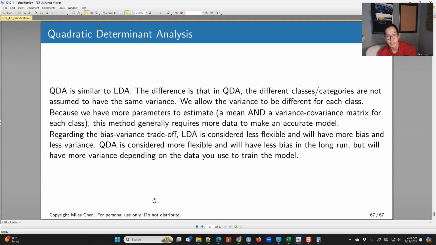QDA is on the other side: more flexible, with less bias in the long run, but more variance depending on the data you use to train the model. Using one random set versus another random set, you can end up with some pretty different results. That is our lecture, our video today on different classification methods.